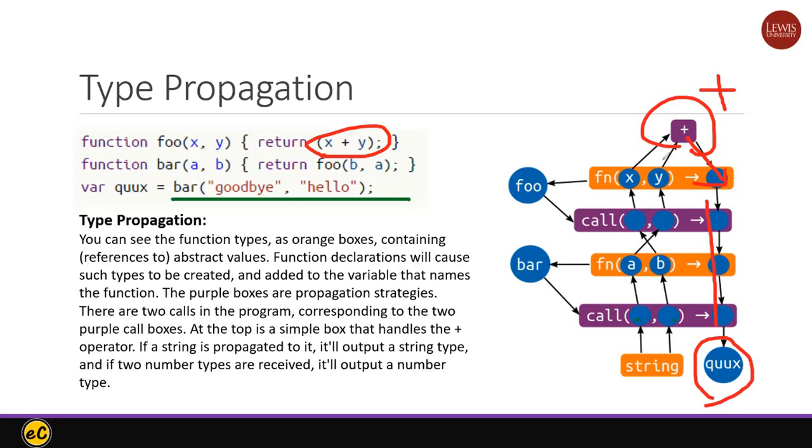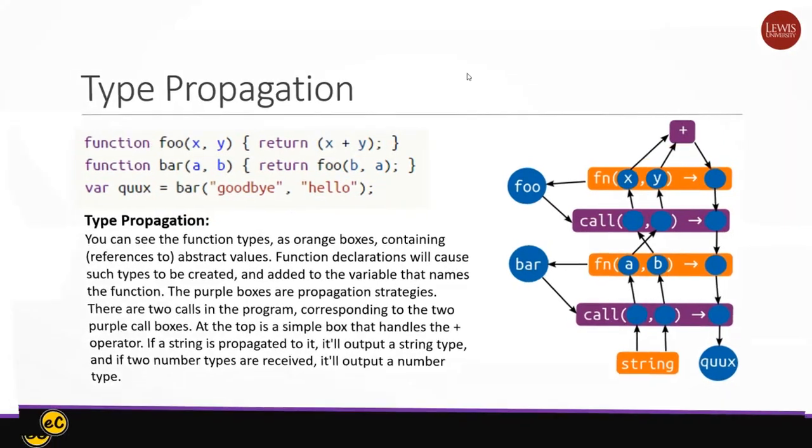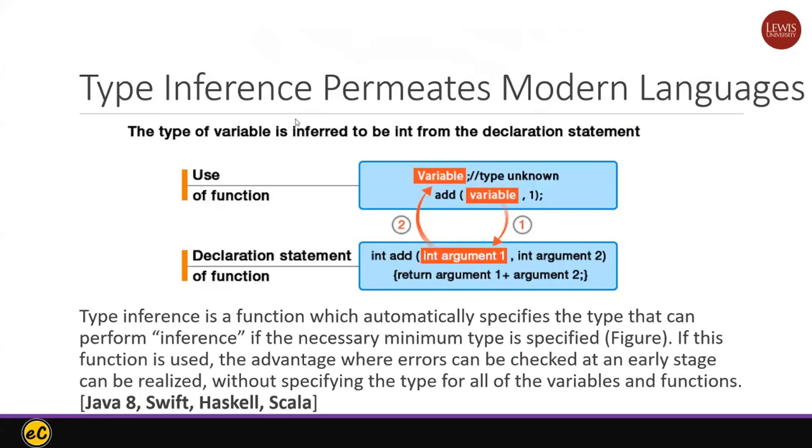So in the processing, how to determine the operation of this one is based on type propagation, starting from your function call, backtracking to determine this one is a concatenation. It's not a mathematical sum. Is that okay? This is called type propagation and type inference.